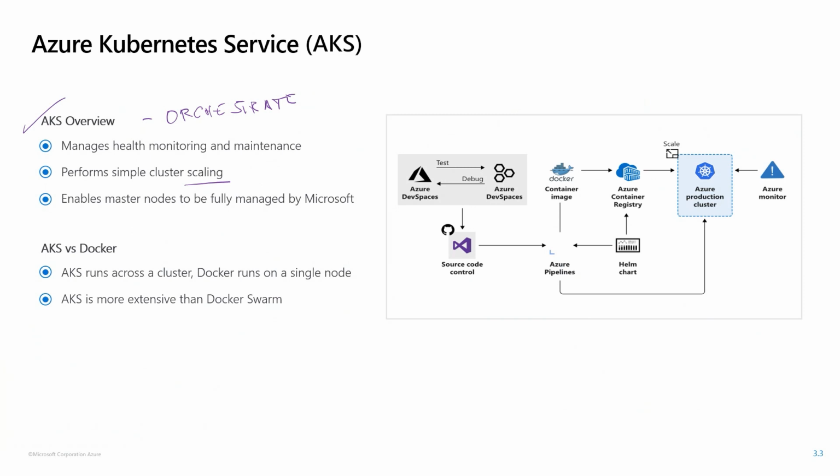ACI doesn't have an orchestration feature, so that's a wonderful, great way to deploy things quickly. But if you want to scale, if you want to manage the number of nodes and pods per deployment, then AKS is where you want to be, right?